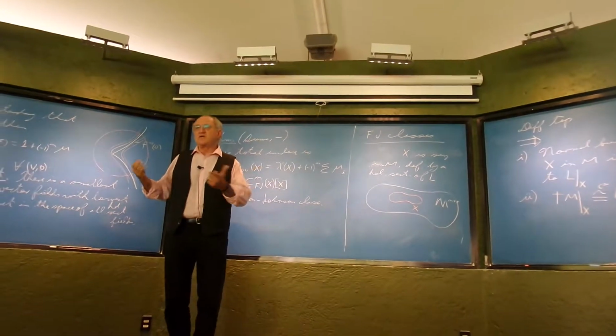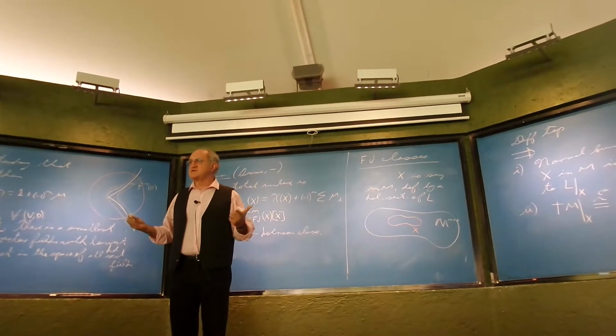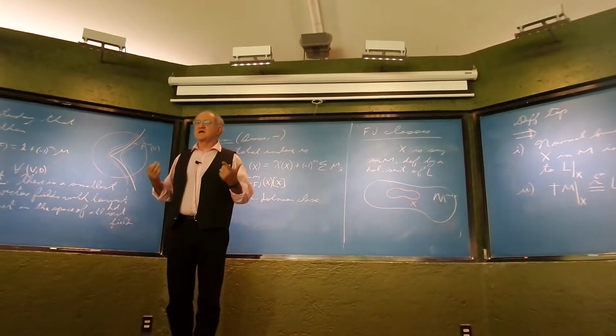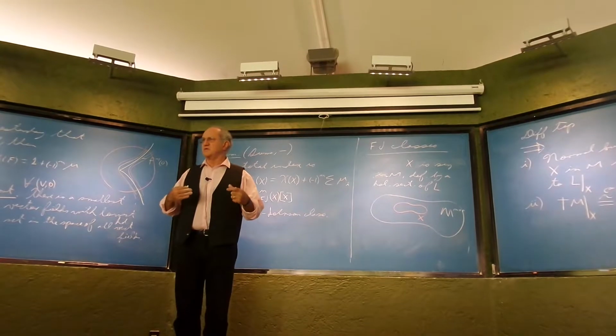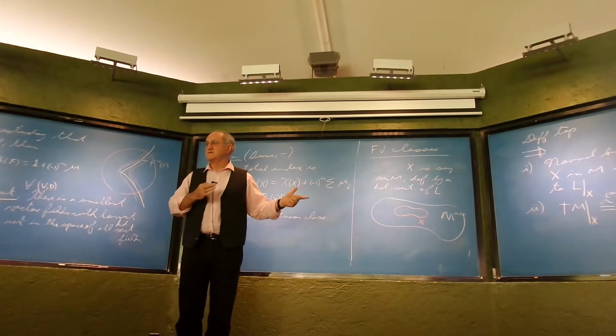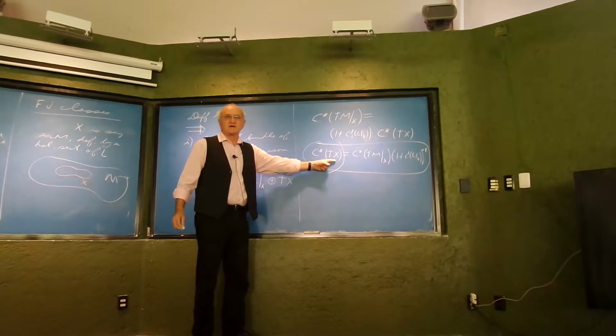Chern classes, when you have a manifold, are classes of the tangent bundle. But at the singular points, there's no tangent bundle. So what are the Chern classes of a singular variety? I will say more about that tomorrow. But for the moment, here we have a candidate. We don't know what the Chern classes of a singular variety are.